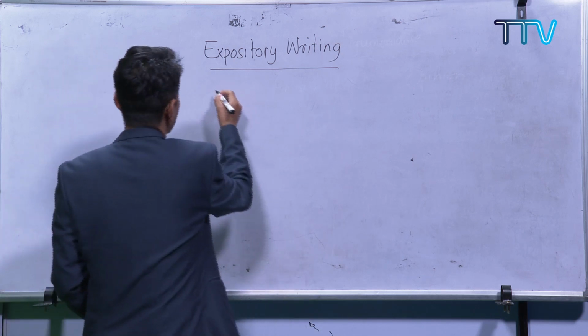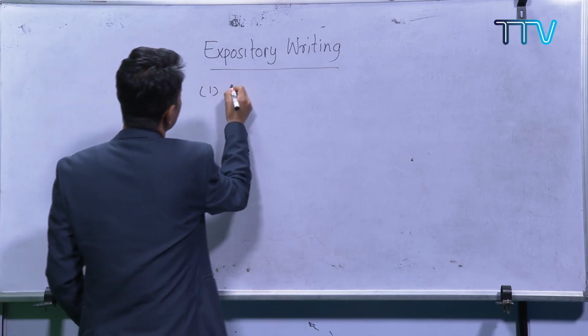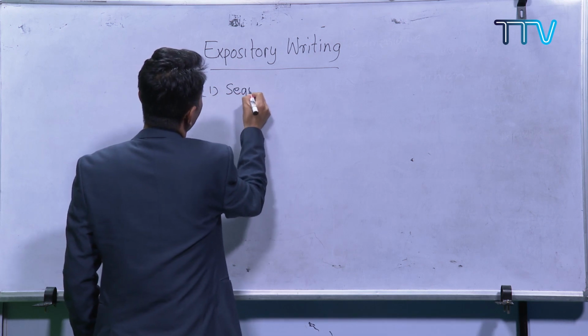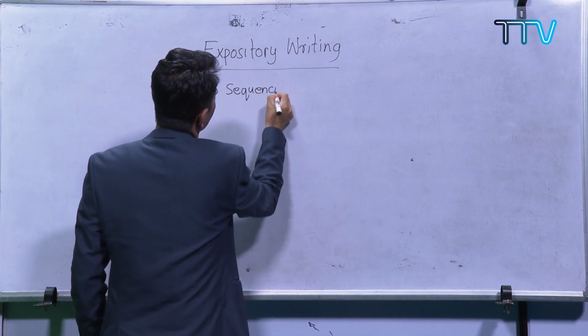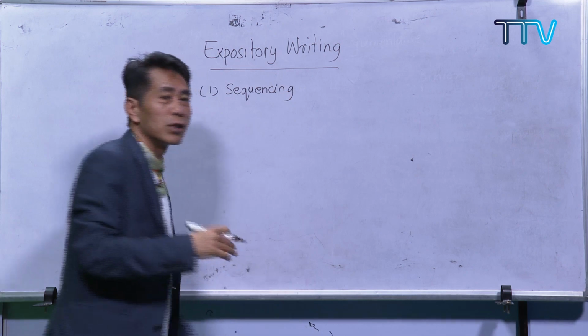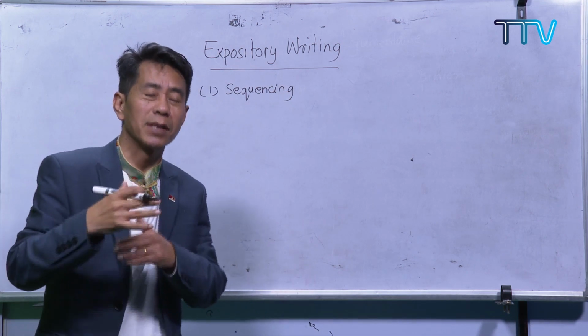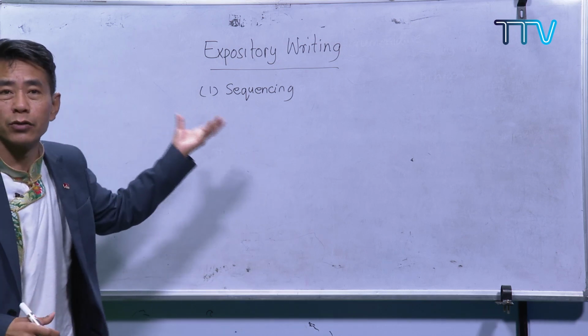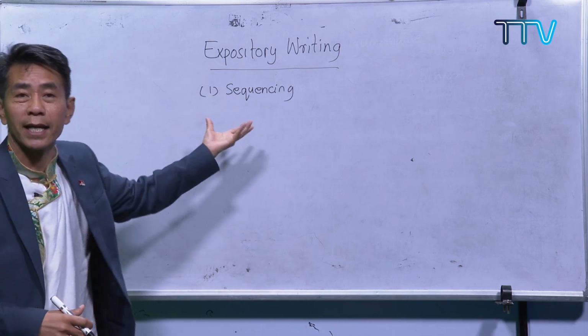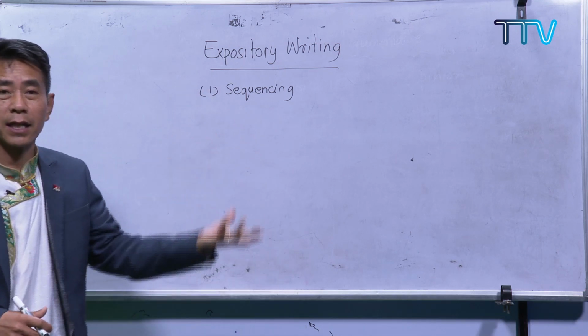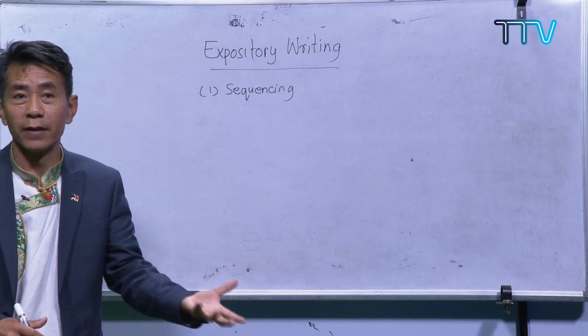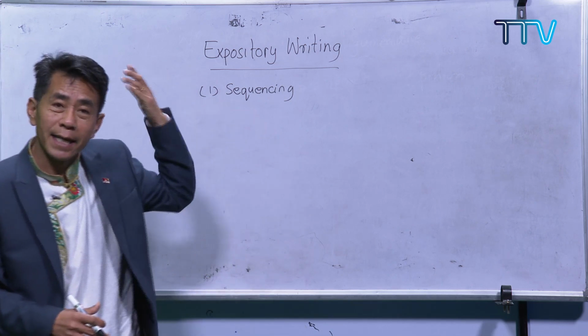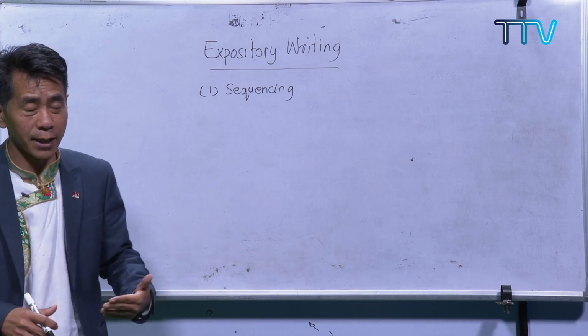Under expository, we have first the sequencing. The word itself, sequence, means something that comes in order, one by one. I have already given you different types of examples. If you are writing about some historical events, you have to obviously write according to the year and the date.